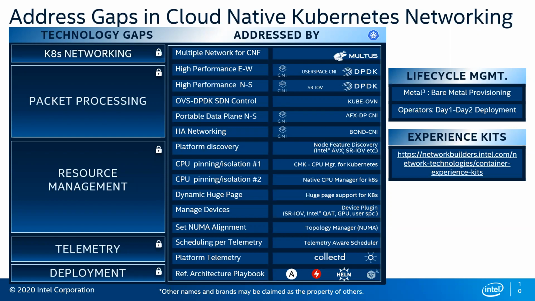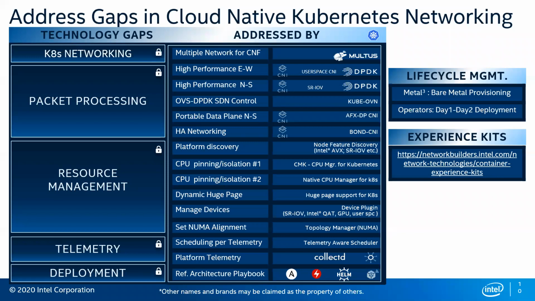So Multus is this Uber father CNI interface, and it enables the ability to support multiple other interfaces. This is where they come in under packet processing and the efforts that we were making in order to improve packet processing and performance.